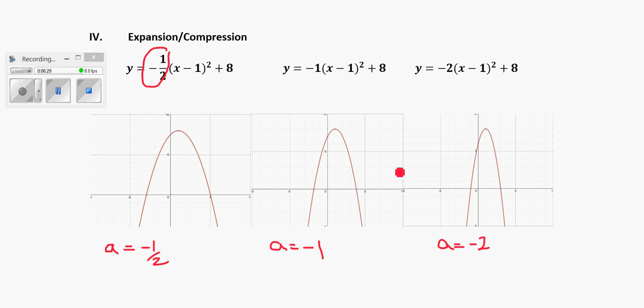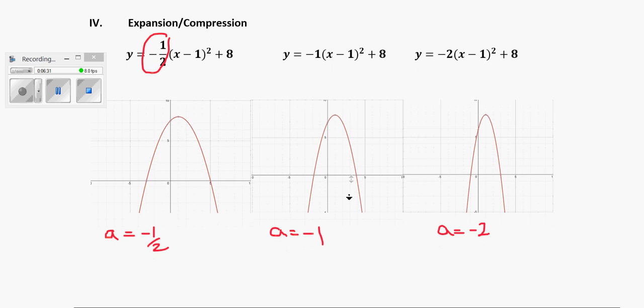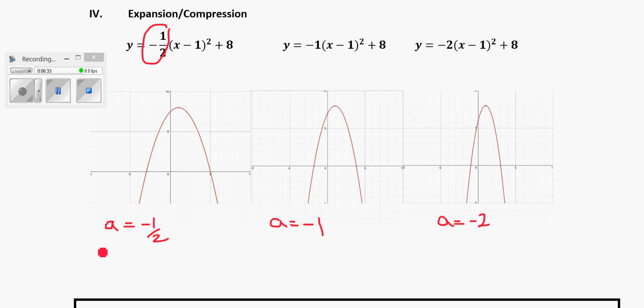When we're looking at expansion and compression, we need to look at the absolute value of a, meaning that if a is negative, it's now positive. And if a was positive, it's still positive. So an absolute value just makes everything positive. So absolute value of a is 1/2. Absolute value of a is positive 1. Absolute value of a is positive 2.